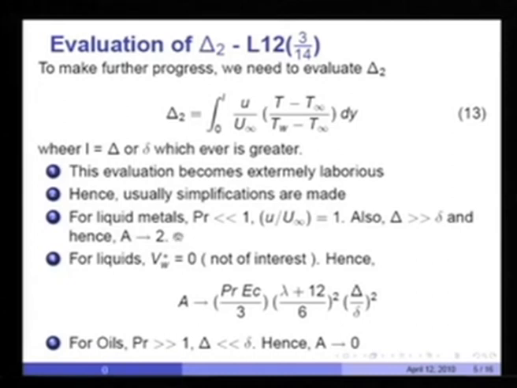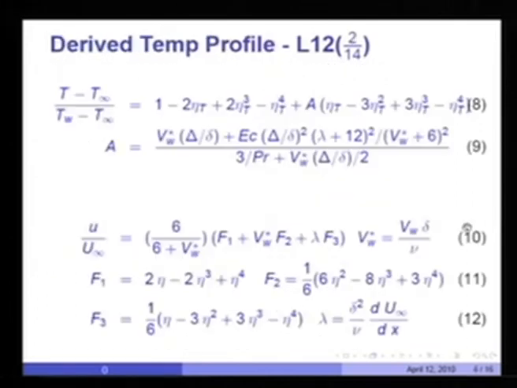For example, for liquid metals, where Prandtl number is much less than 1, for all practical purposes u over u infinity is 1, that simplifies the integration to only the temperature profile, and also the thermal thickness is very much greater than delta, and then you will see therefore that since it is very much greater than delta and it appears in the numerator as well as denominator, 3 divided by Prandtl number.